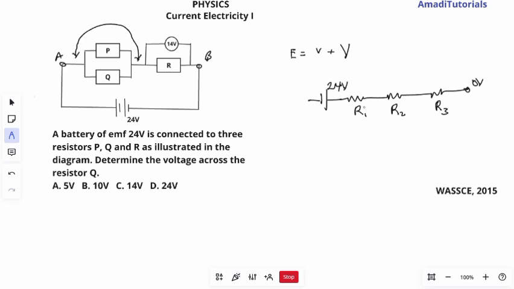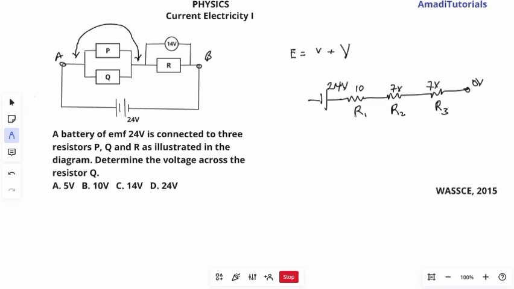Depending on the value of the resistance, if the first one takes 10, that means the other two are left to share 14 volts. Assuming R2 and R3 are the same, they will share the voltage equally, so the remaining 14 volts will be shared, 7 volts here and 7 volts here.